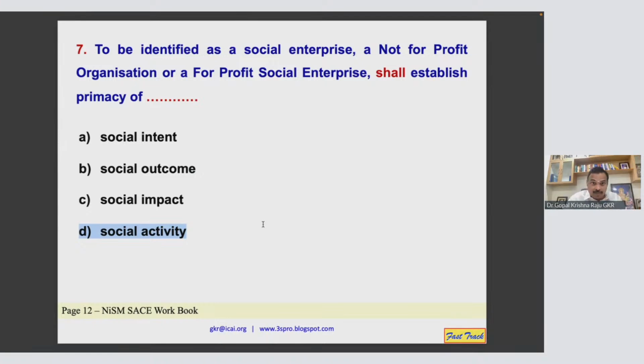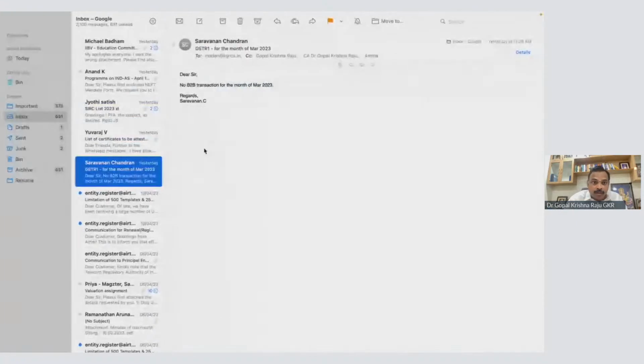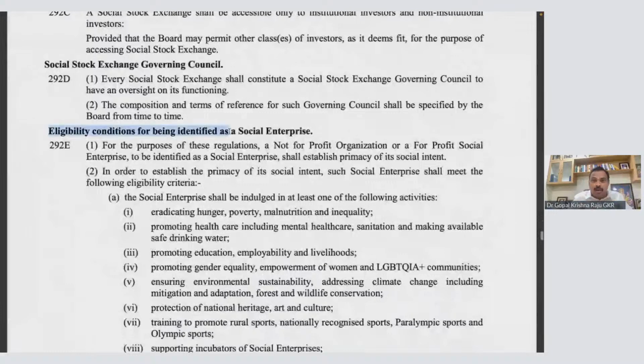Okay, so to be identified as a social enterprise, an NPO or an FPSC. I'll just take you to that very important terminology. Now, this is also there in the eligible conditions to be a social enterprise. Now, can I be a social enterprise?